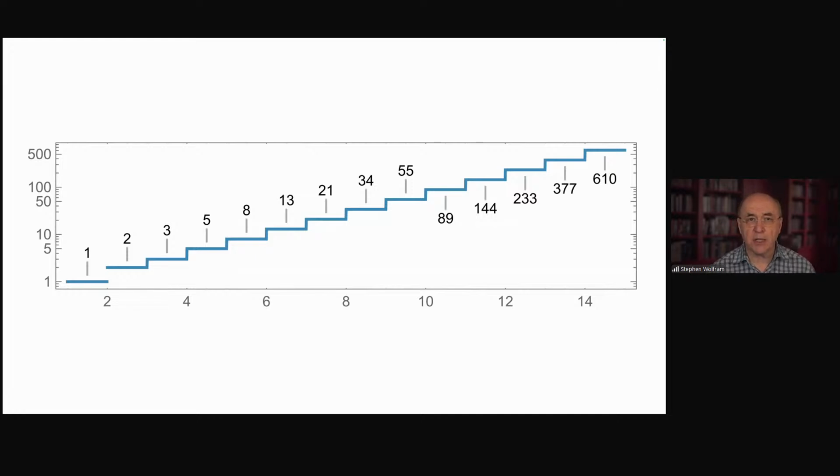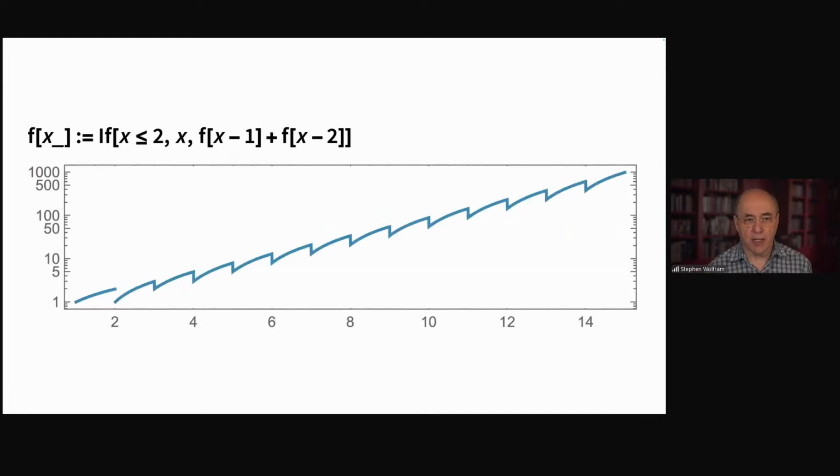But if we adjust the initial condition, we get a slightly different result. This is now an initial condition where f of x equals x when x is less than or equal to 2. Well, we can think of these as being solutions to a kind of Fibonacci delay equation where we've given initial conditions not at discrete points, but instead on an interval.